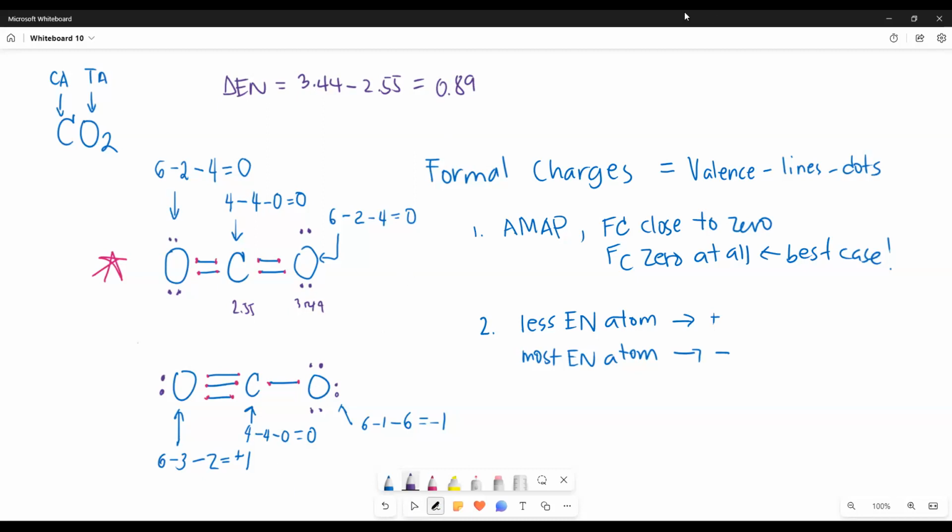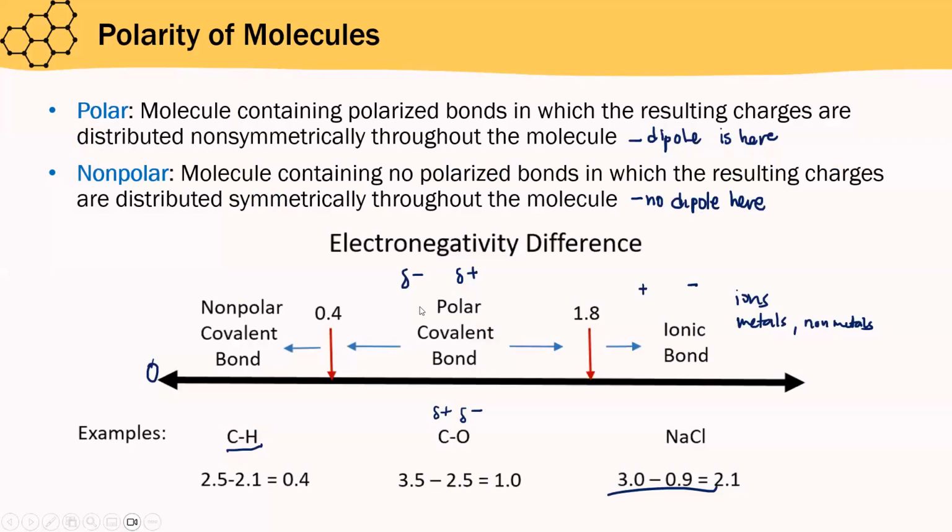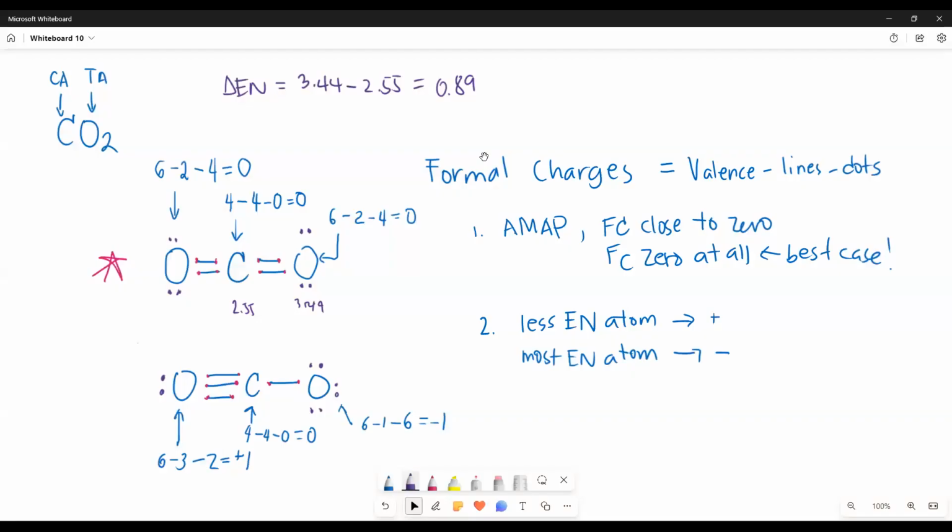If we look at the electronegativity differences here, 0.89 falls under the polar covalent bond. So the bond there is polar. Which side do you think is the partial negative end? Of course, it will be the oxygen, and the partial positive end will be the carbon. So the bond is polar for the case of CO.